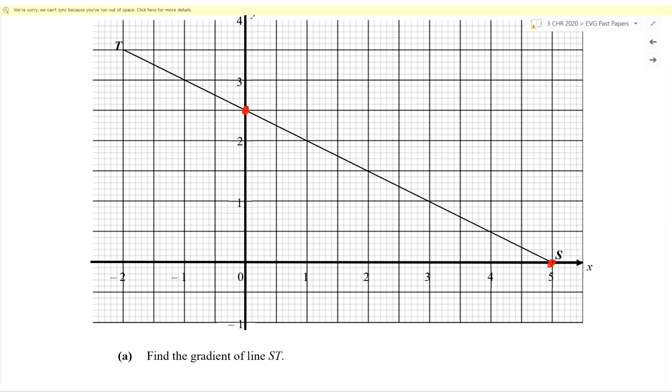The gradient is given by rise over run. I have selected 2 points. I need to rise first, from the bottom to the top. Start counting: 1, 2, 3, 4, 5. I rise by 5 units. And now I need to run.